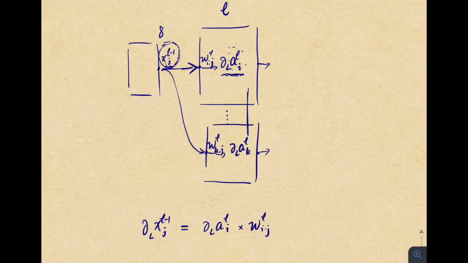We sum over i, where i runs over all the neurons in the Lth layer. Expressing this computation in matrix form, we have this formula. That is called backpropagation. It's just a fancy word for the chain rule of doing partial derivatives.